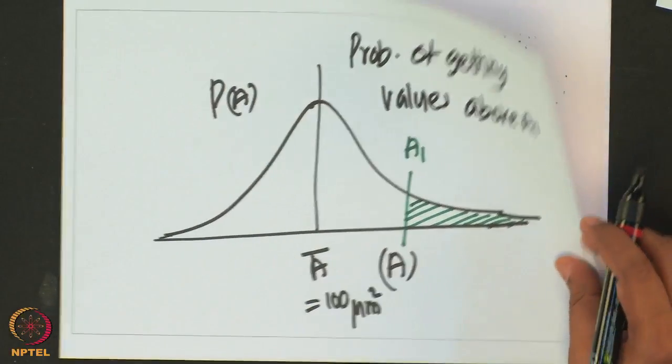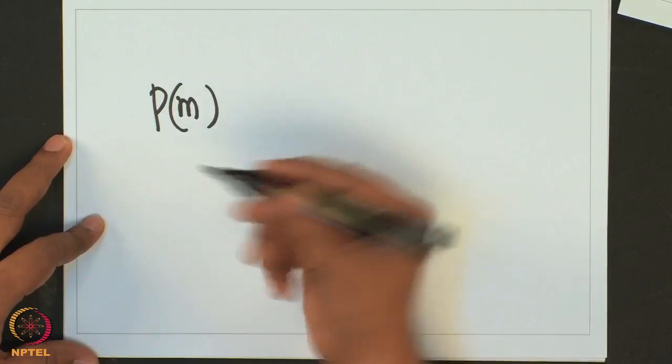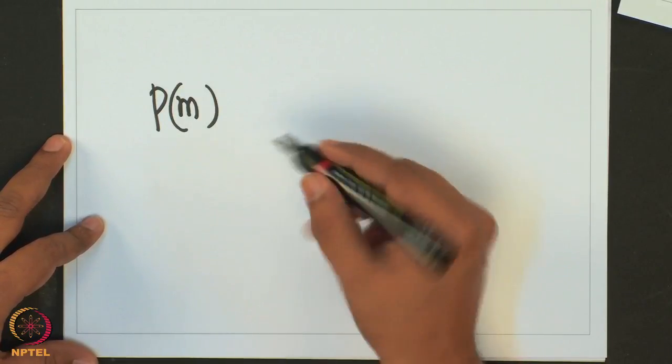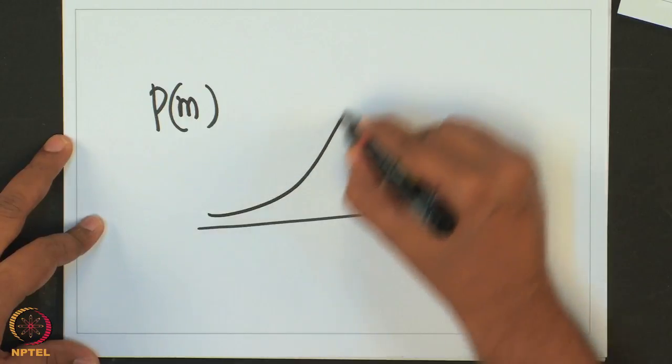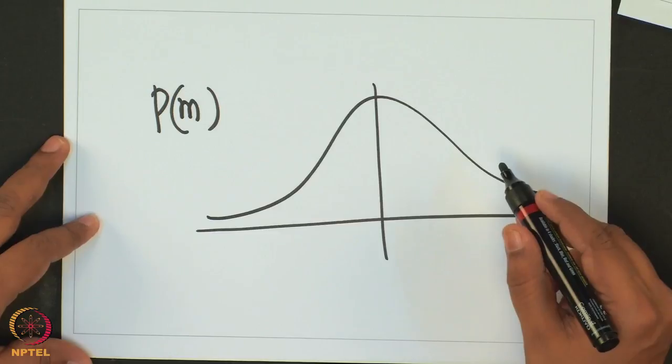Now, this could be x here, or area, or instead of area you could have any other variable of your interest. It could be height, it could be size, it could be gene expression. If you are measuring the amount of mRNA, p of m, or some protein level, all of this could have a normal distribution with a mean and a curve around it.